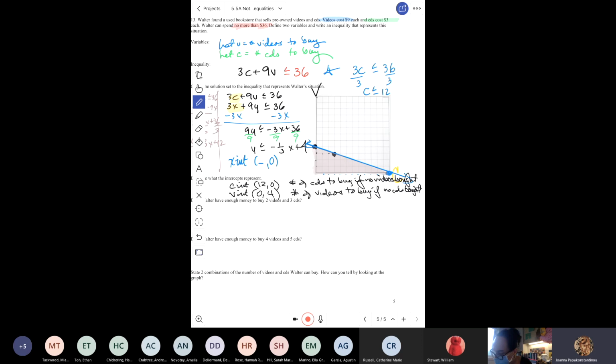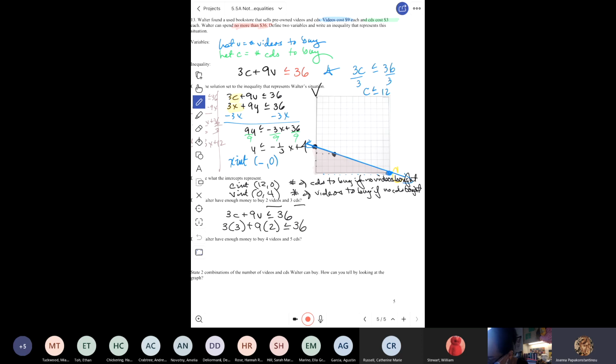Now, my question is, does Walter have enough money to buy 2 videos and 3 CDs? How can I determine if that $36 is going to cover it? You can go back to the original or any equivalent version. It doesn't matter. I was going to substitute in 3 for CDs and 2 for videos.